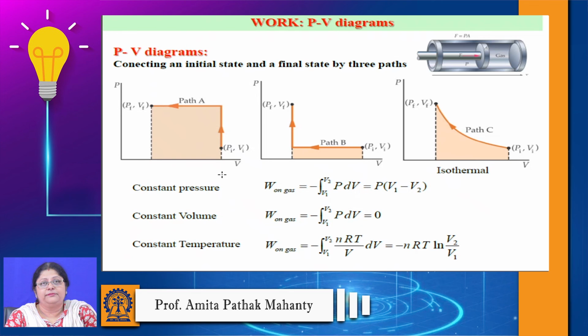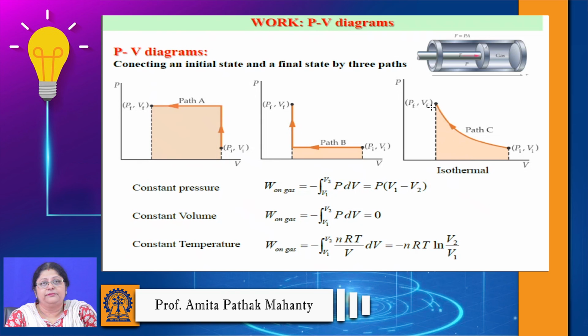So you can see this is the shaded area for a constant pressure process, and for a constant volume process this is what you are going to have. This is constant volume followed by constant pressure, and this is constant pressure followed by constant volume.